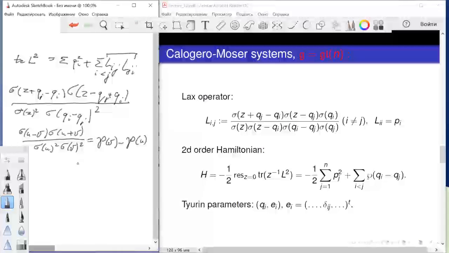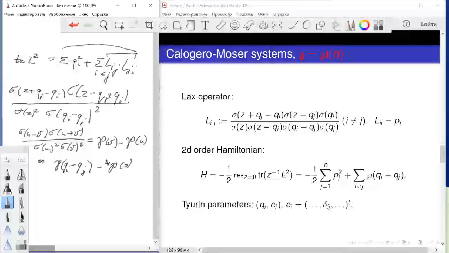And for this reason, we obtain on the right hand side of this equality a sum of terms of the form P of qi minus qj minus P of z, with some coefficient here, which is not interesting for me now.